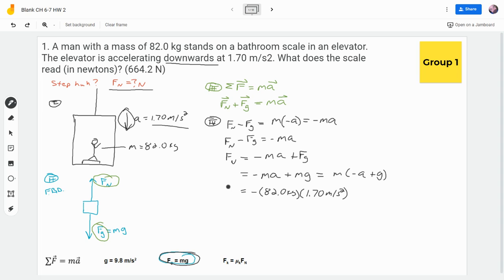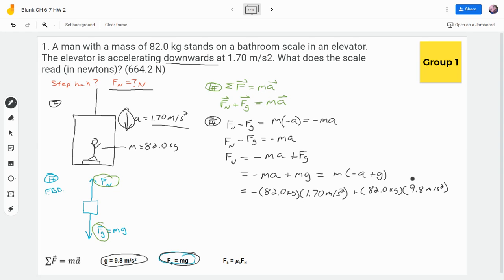So we have that. And then this is plus m, which is still 82.0 kilograms, times g. And remember, in this chapter, g is the positive number. So that is 9.8 meters per second squared. So same thinking.